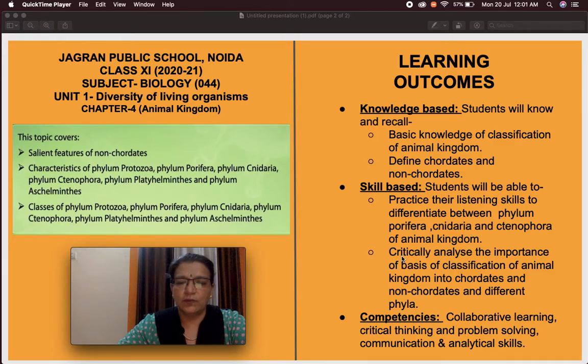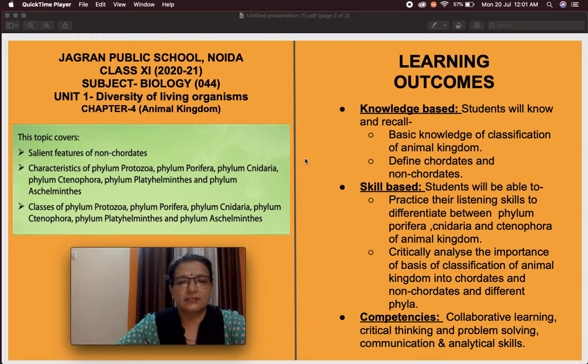You will also be able to critically analyze the importance of the basis of classification of the animal kingdom into chordates and non-chordates and different phyla. The competencies you will be able to develop after today's part of chapter 4 are collaborative learning, critical thinking and problem solving, communication and analytical skills.